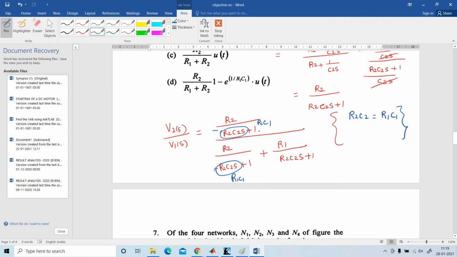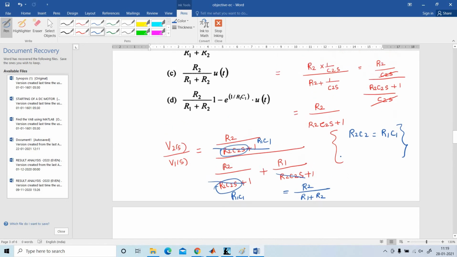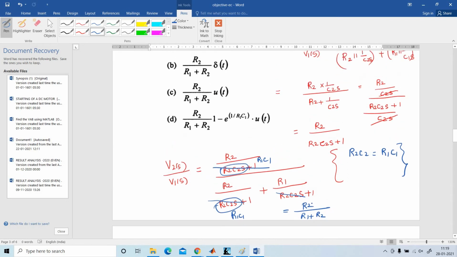Now see, both the denominators are the same. We have to cancel them. Finally we get R2 by R1 plus R2 into the inverse Laplace transformation of 1, that is delta of t. That's all. The answer is B.